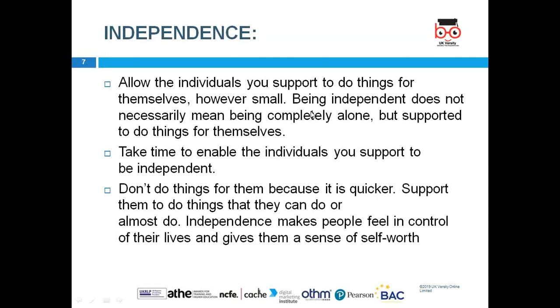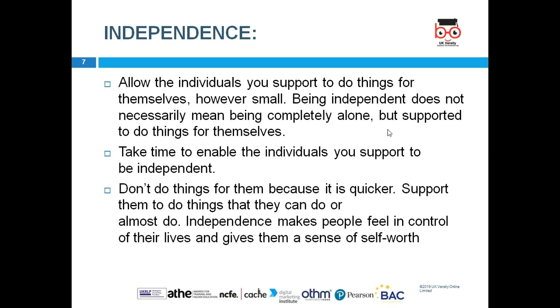The first one is independence. This allows individuals you support to do things for themselves, even if it's a small thing, like making a cup of tea. Being independent does not necessarily mean being completely alone, but you're supporting them to do little things for themselves. So you're taking time to enable the individuals you support to be independent, and you don't do things for them just because it's quicker.